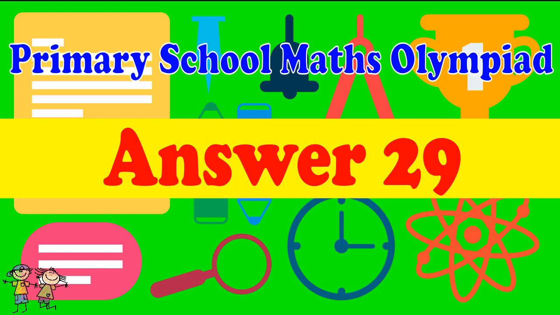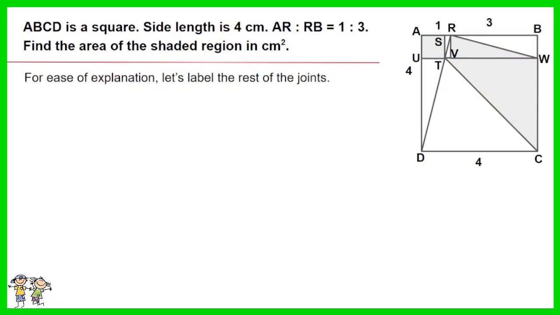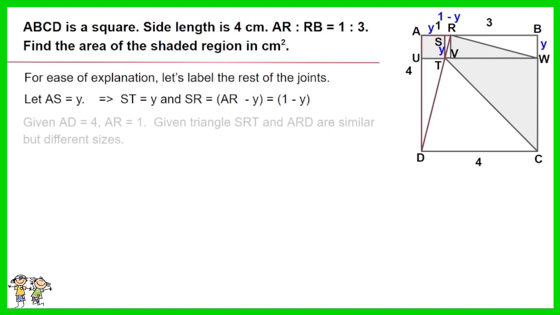Answer for question 29. For ease of understanding, let's label the rest of the joints. Let AS equal Y. Thus ST equals Y, and SR equals AR minus Y, equals 1 minus Y. Given AD equals 4, AR equals 1.